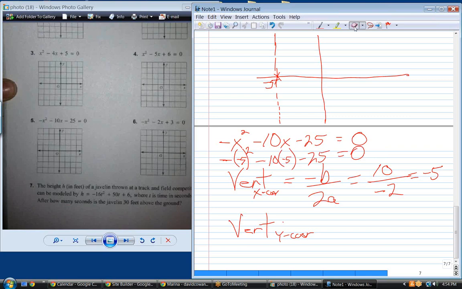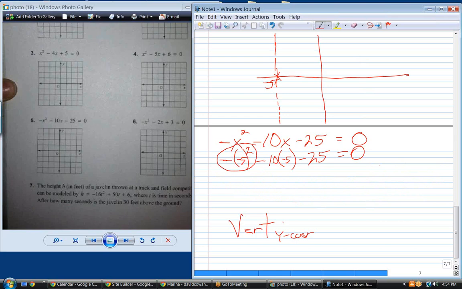So let's figure out what that is. What's this on the left turn into? This part here. Squared. The -5 squares to 25, but then we still have this leading negative. So this is equal to -25.